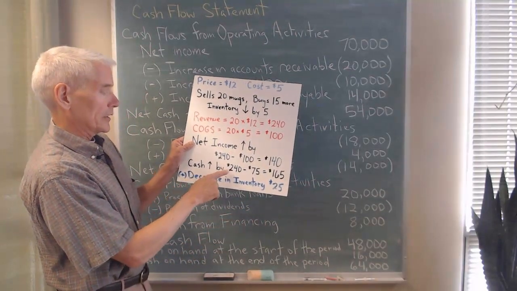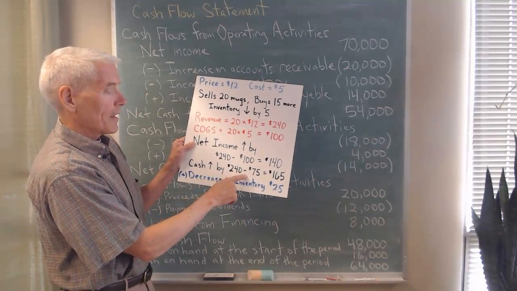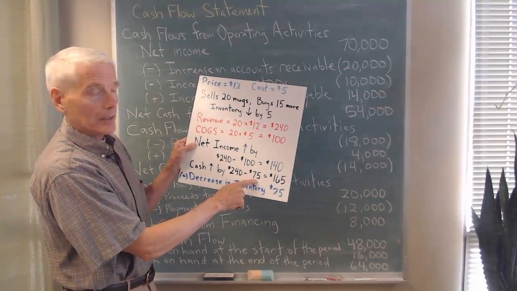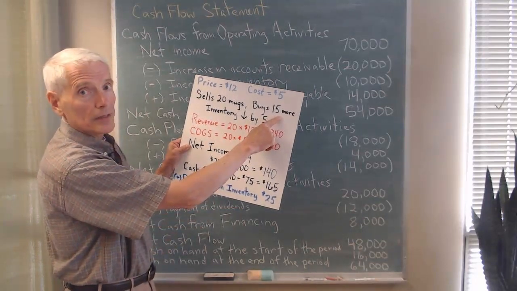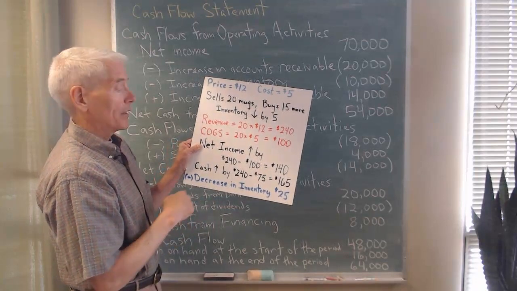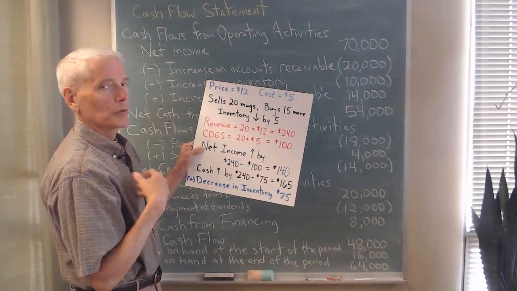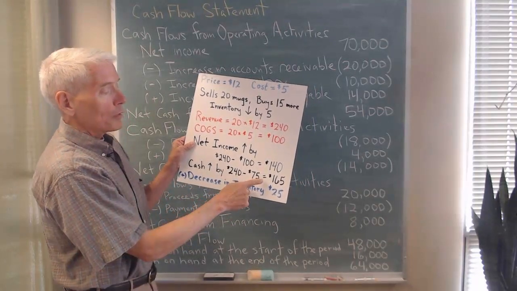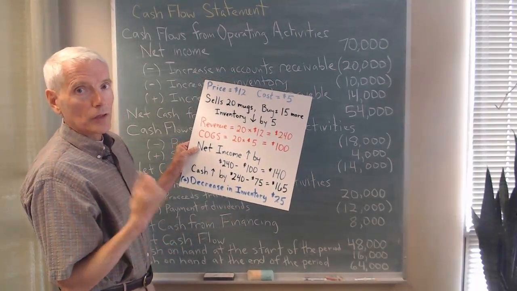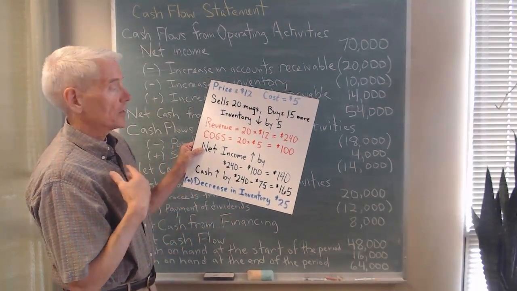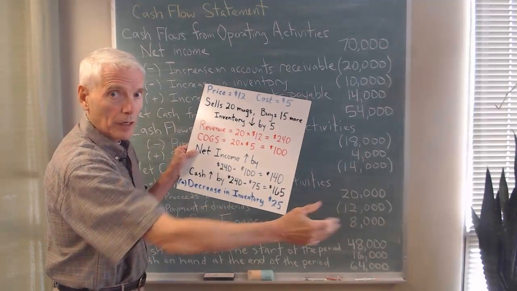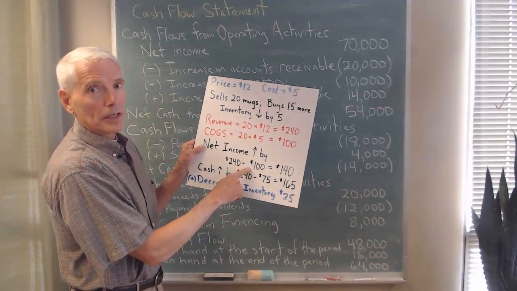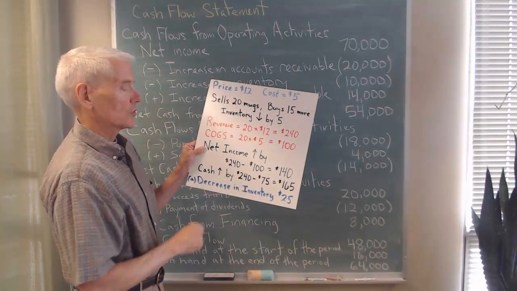Our cash increases by the $240 minus the $75 that we spent on the 15 that we bought, but not the full $100. So if we kept this $140 from net income, we would be double counting the cost of those 5 mugs that we deducted when we bought them and deducted again as cost of goods sold.